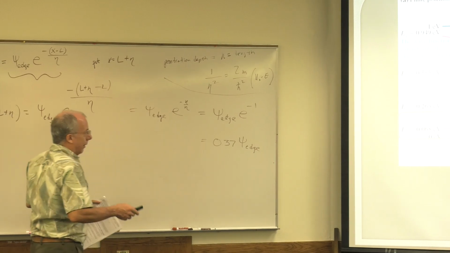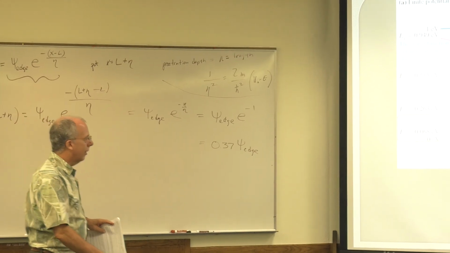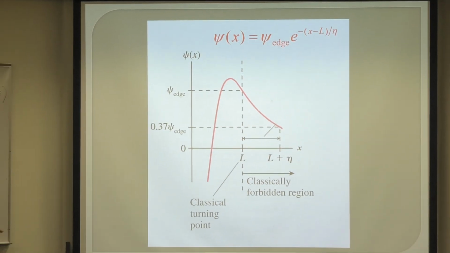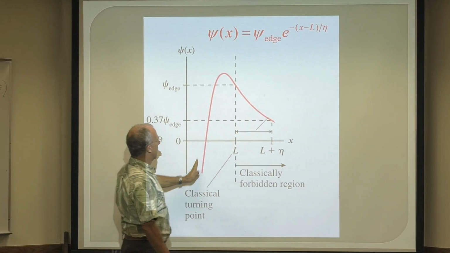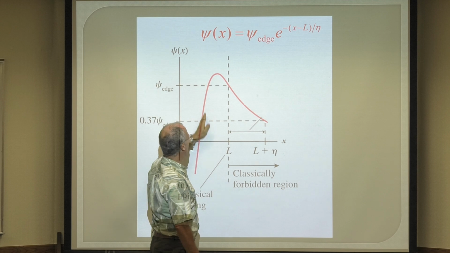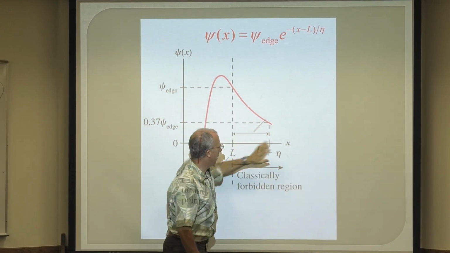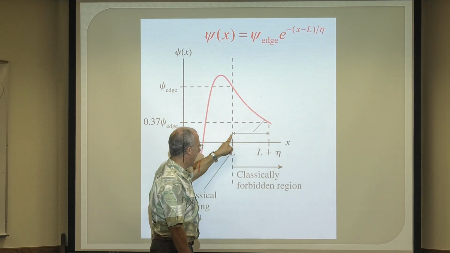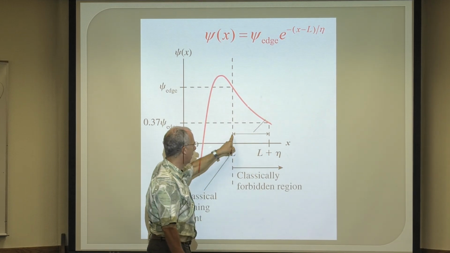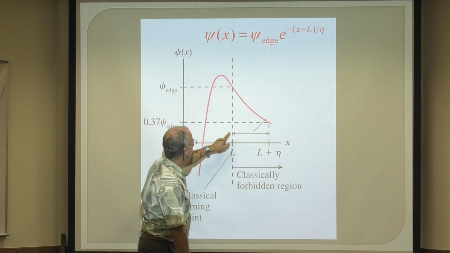That's kind of cool, I think. So this is what I'm talking about. Here is this crazy wave function. Here's the L. So this is classically forbidden. We go, this is eta, because here's L, here's eta. And what do you notice?